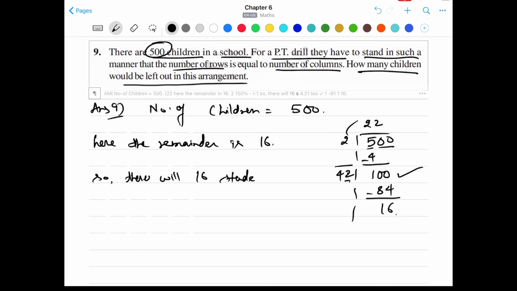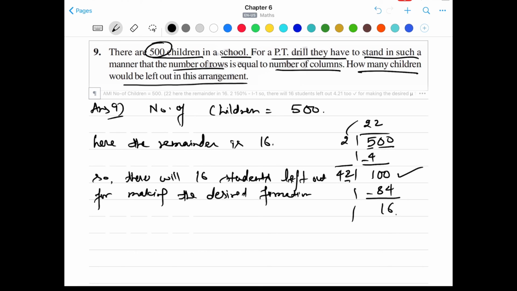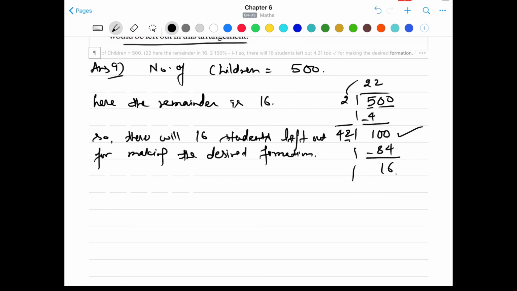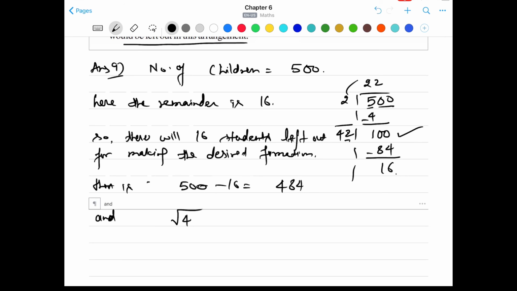That is, the number of students now becomes 500 minus 16, which is 484, and the square root of 484 is 22.